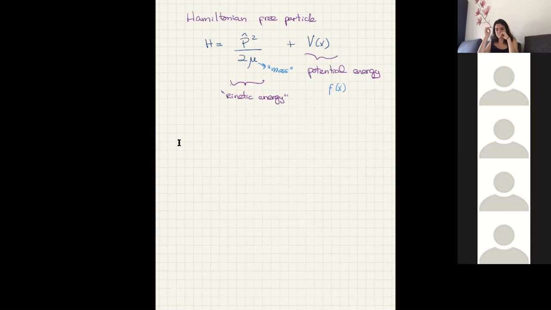For example, there is some electrical field that will pull it one way or the other. And of course, this only applies to energy terms that don't depend explicitly on the velocity, but just on the position of things.